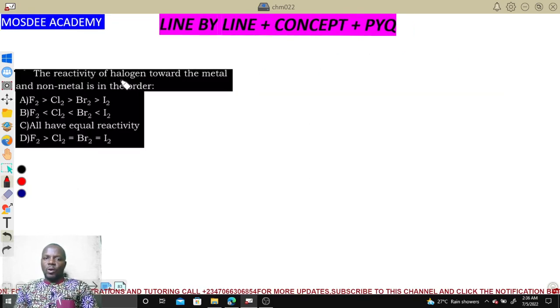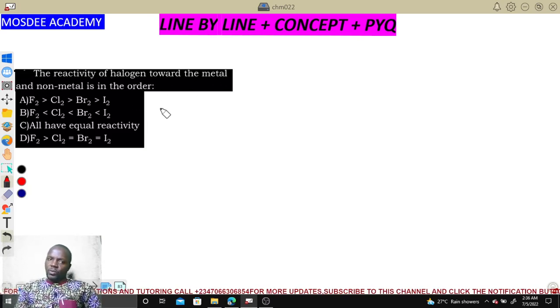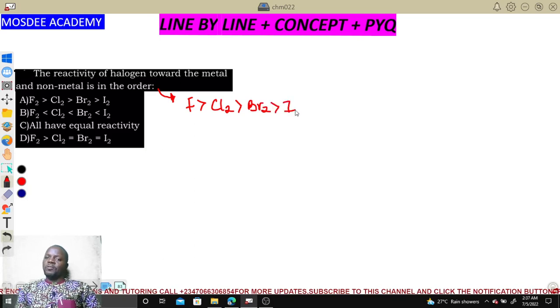The next one. The reactivity of halogens towards metals and non-metals follows the same trend you have learned before: fluorine is greater than chlorine, greater than bromine, with the anomalous behavior of fluorine. This is the answer.